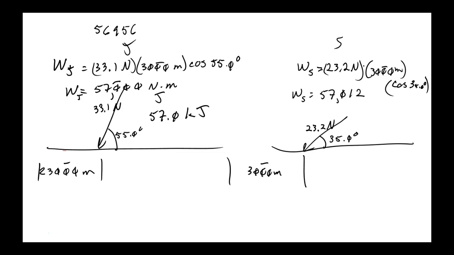They do the same amount of work, however, one must exert more energy because he pushes into the ground more than Sonia, who pushes more in the direction of motion. Now that sounds like it's contradictory, but he is exerting 33.1 newtons of force.